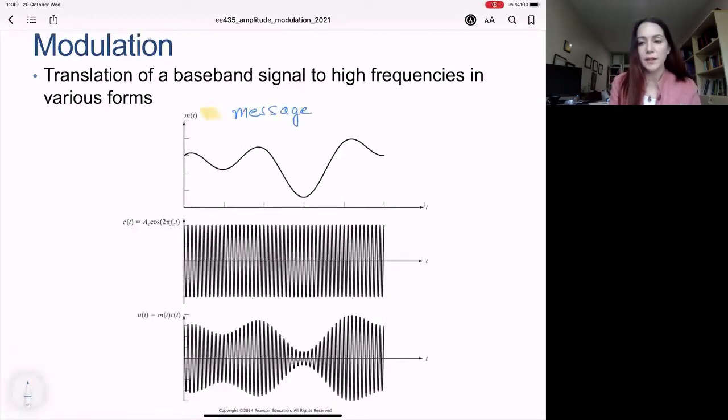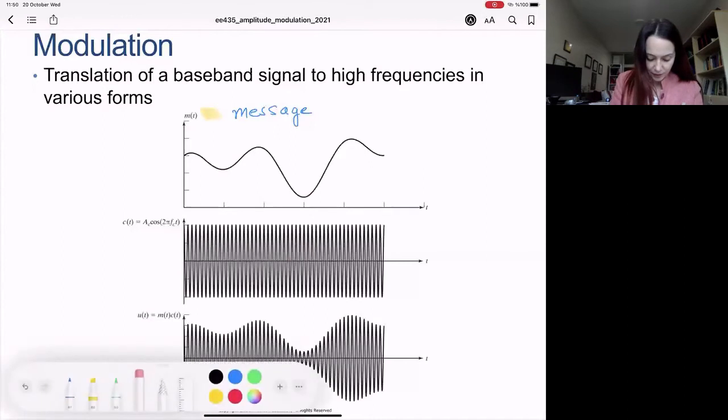Suppose this is an analog waveform that we would like to transmit. It could be a voice recording, for example. And what you see below is the carrier waveform.